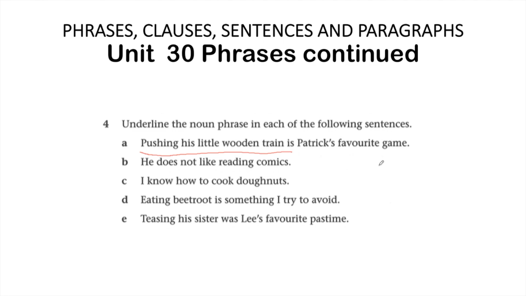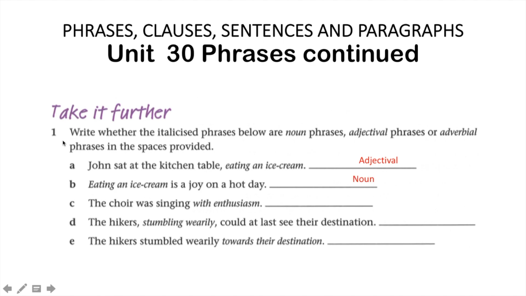Let's have a look at the next set of activities, because they do get a little bit more tricky. For take it further question 1, write whether the italicized phrases below are noun phrases, adjectival phrases, or adverbial phrases in the space provided. As you can see, they've identified some of the key information here for you.